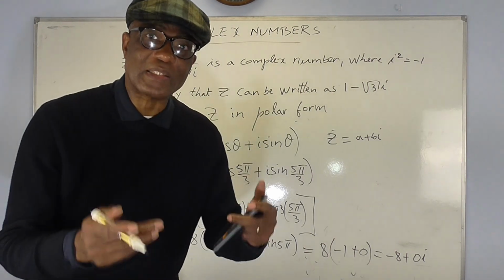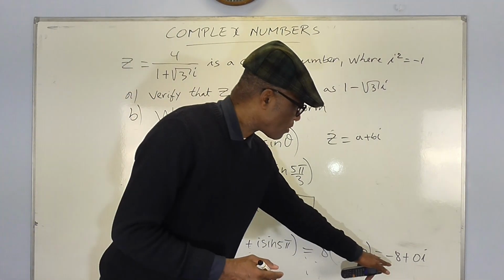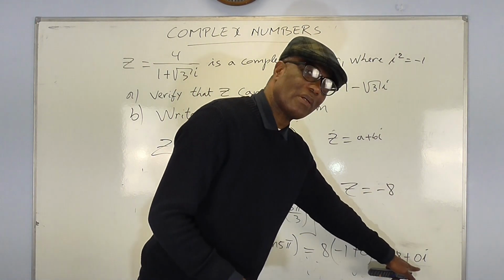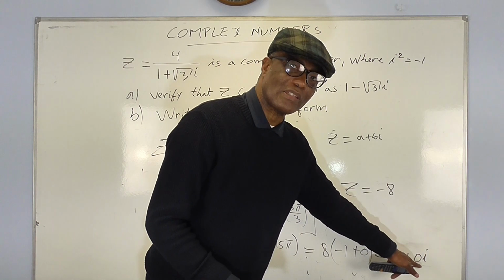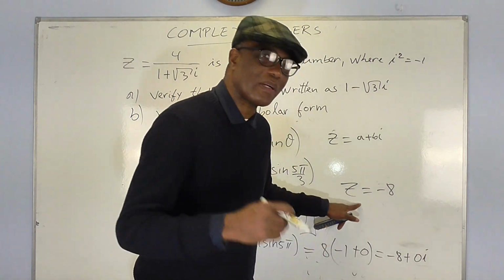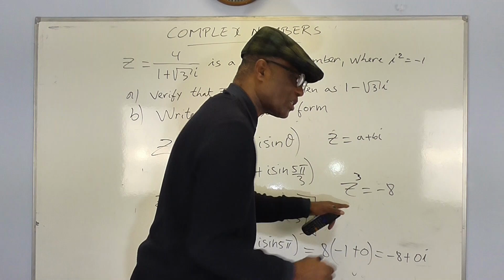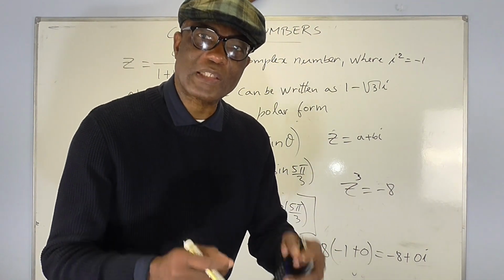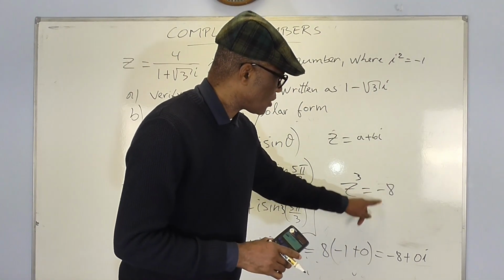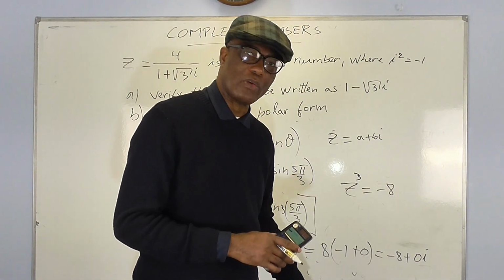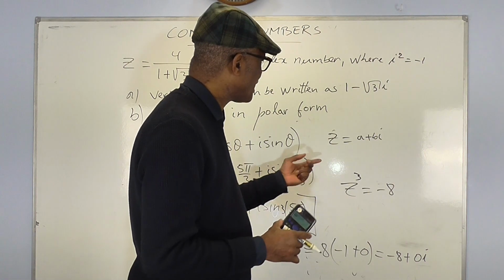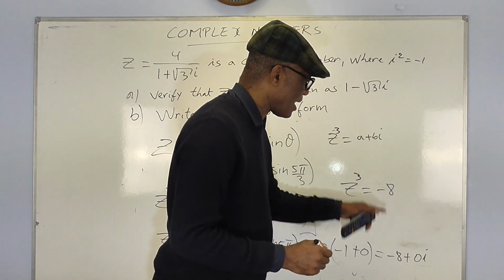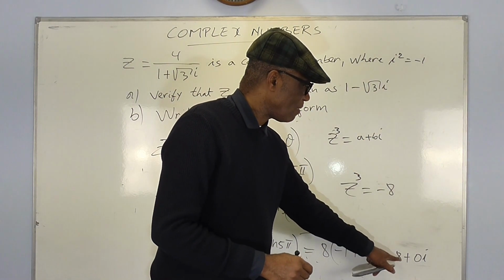If they say write it in its simplest form, you just put Z cubed is equal to minus 8, without writing the imaginary part, 0i. But if the question was to write this in the form a plus bi, then it will be minus 8 plus 0i.